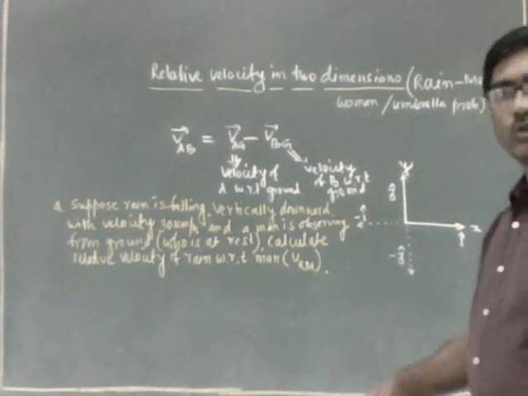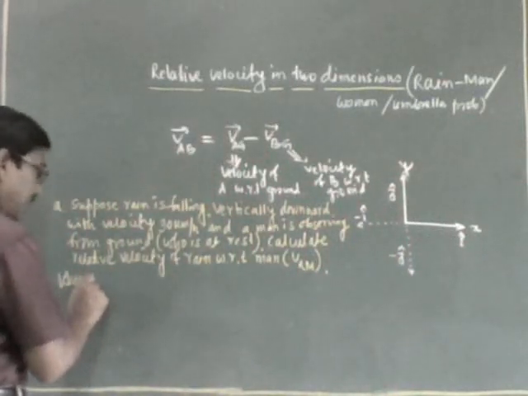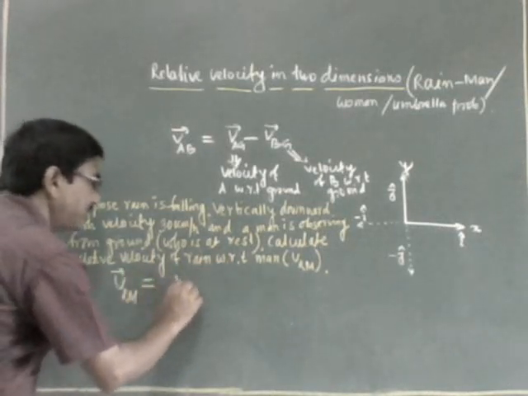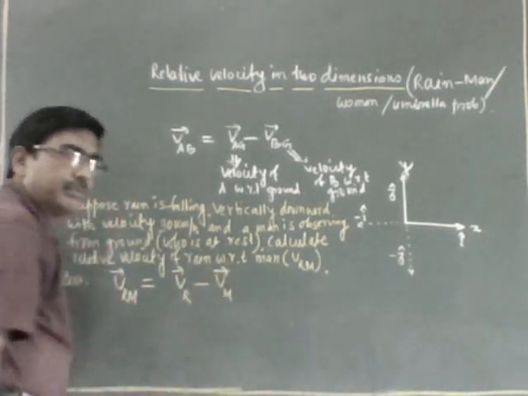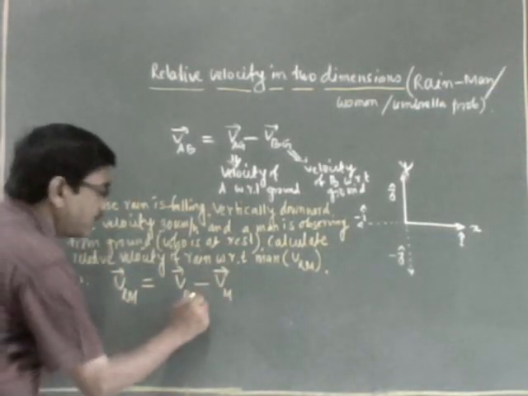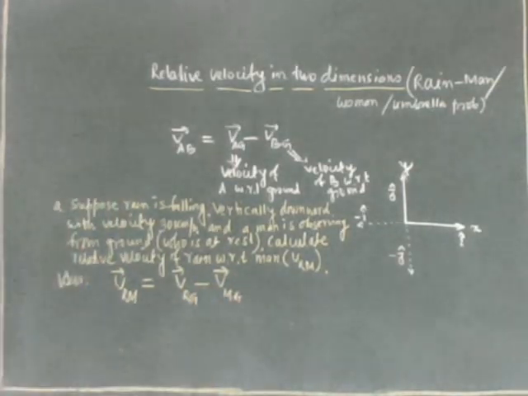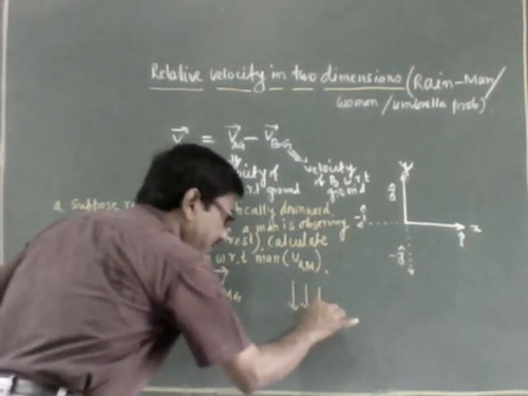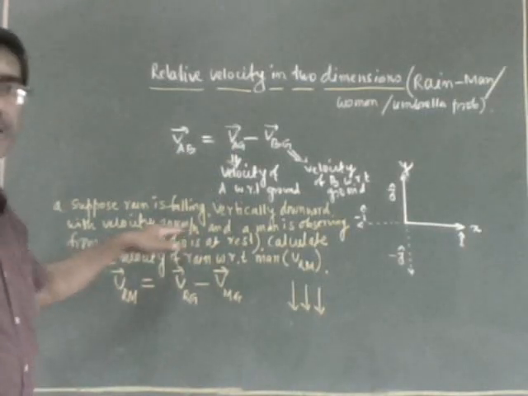So VRM means what? We can write the answer first. VRM means VR minus VM, where VR is with respect to ground and VM is with respect to ground. But according to the question, the rain is falling vertically downward with a speed of 30 km per hour.